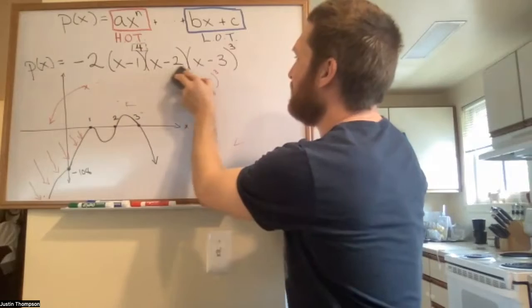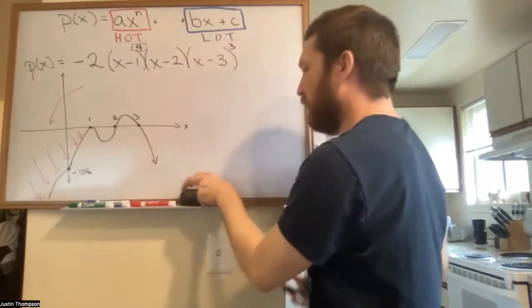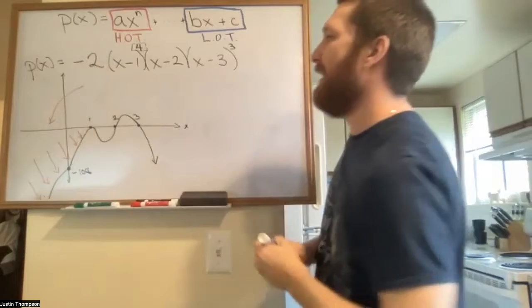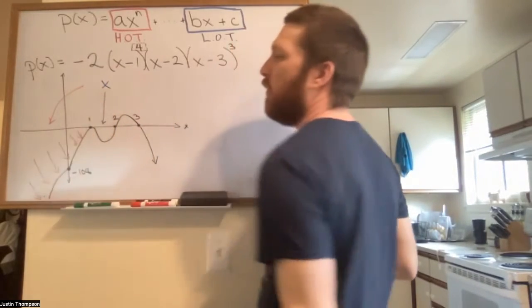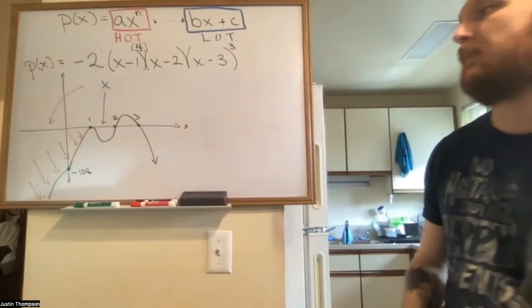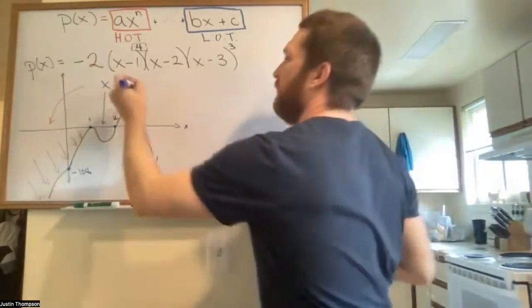So let's see what happens when we take a number x that's between 1 and 2. We'll have -2. Okay, great.